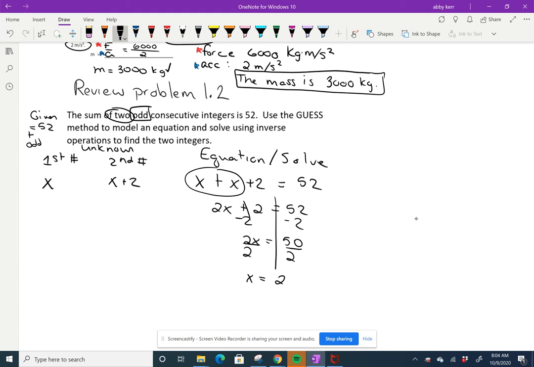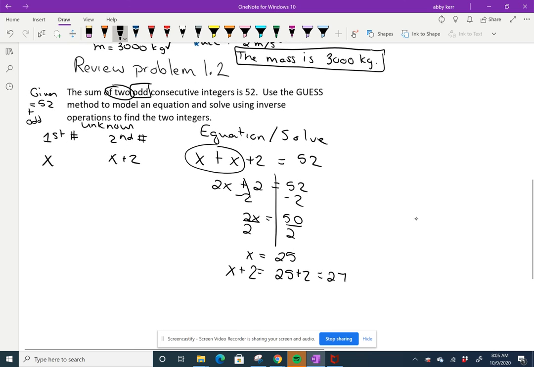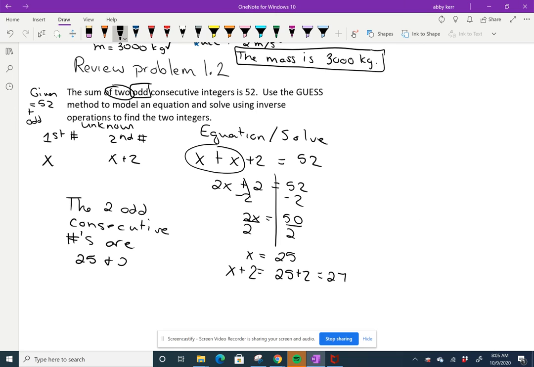We're going to have x equals 25. Now that's our first number because that's our x. Our second number is x plus 2. So I'm going to plug in 25 plus 2, which gets me 27. So the two odd consecutive numbers are 25 and 27.